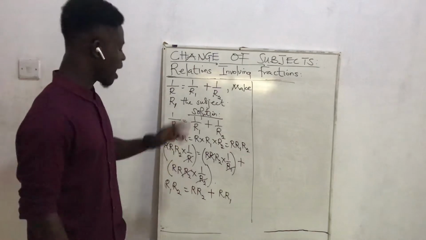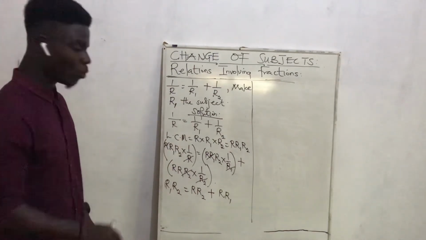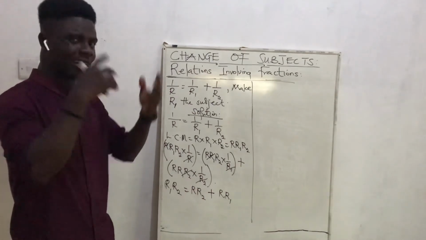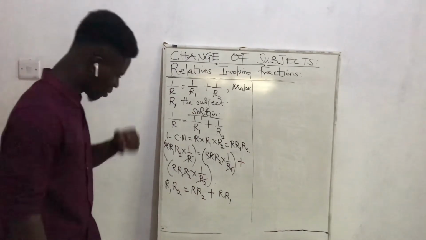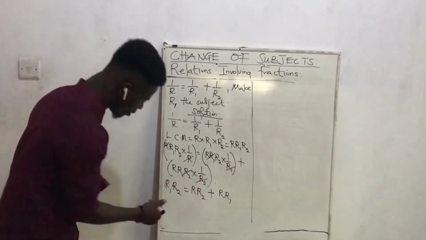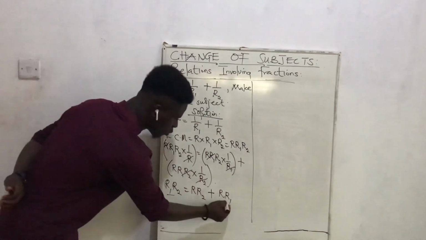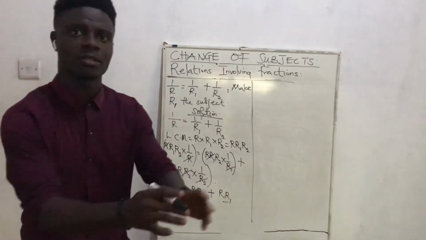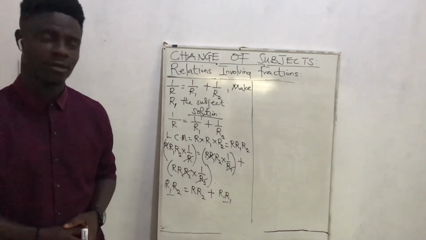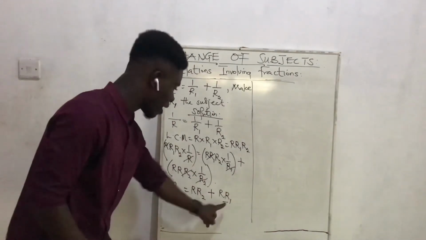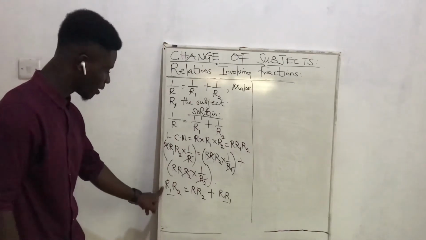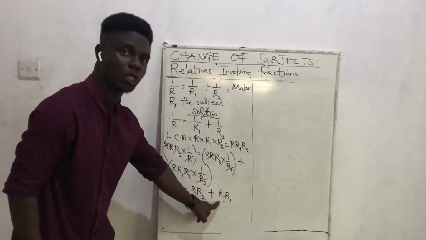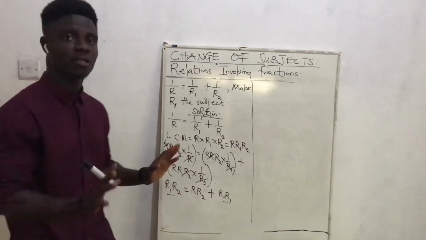We are making R1 the subject. So now watch here. I believe you do remember on our last video, we said that here we have R1, also we have R1 here. So we have to group them aside. This R1 R2 is positive, then this one is positive, so when it's coming across, it will be negative.